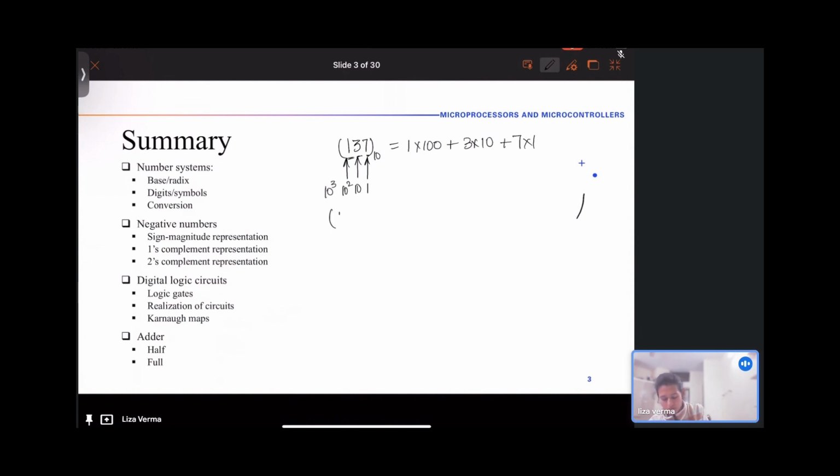If I have some number 1, 3, 5, 8 in some base n, the rightmost digit would have a weight of 1, the next one would have a weight of n, the next one n square, and this one will have a weight of n cube.